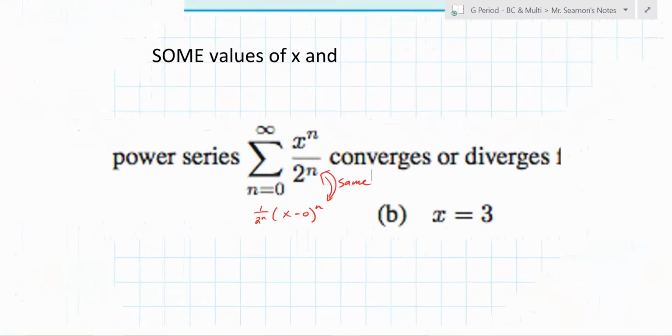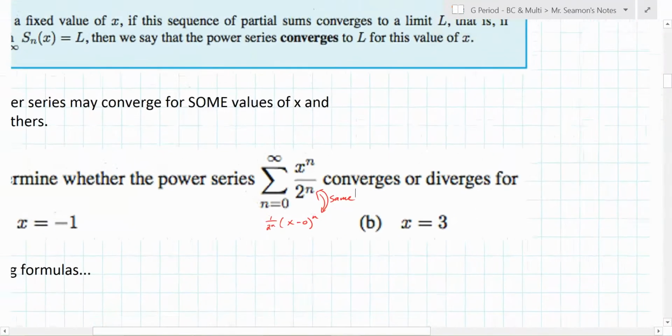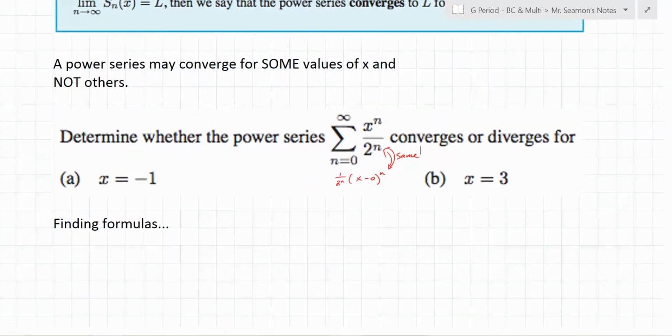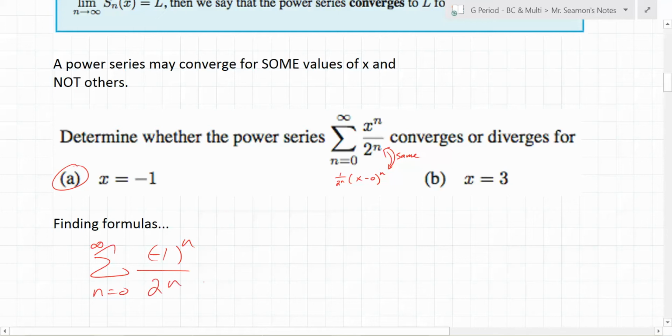So what you might notice is, depending on the value of x, the series might converge or diverge. So for example, on this one, what happens when x is -1? You write the formula, the sum from n equals 0 to infinity of (-1) to the n over 2 to the n, right?